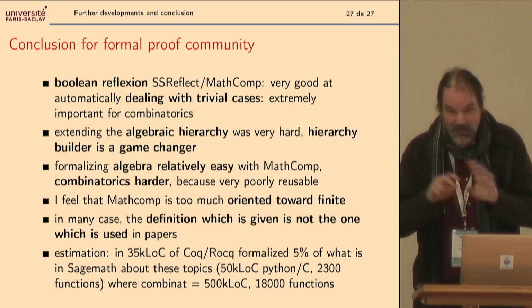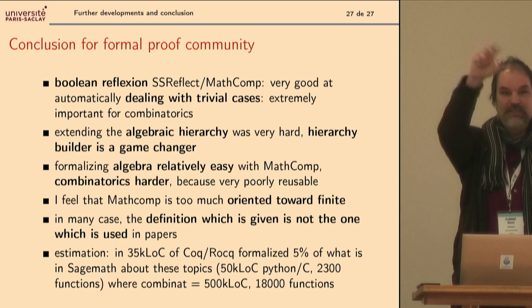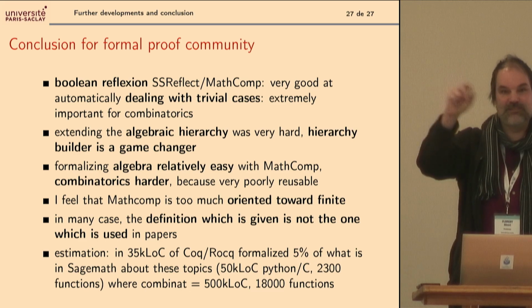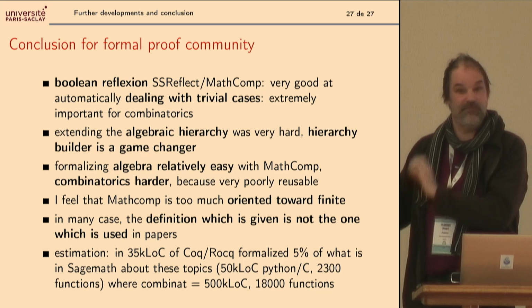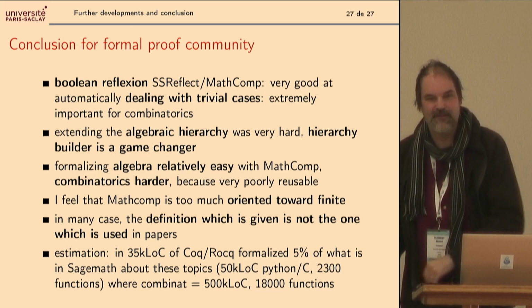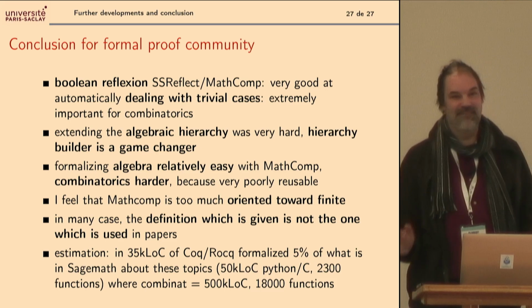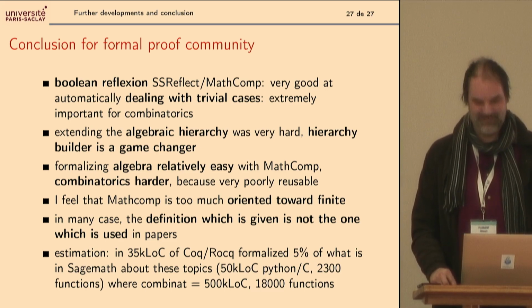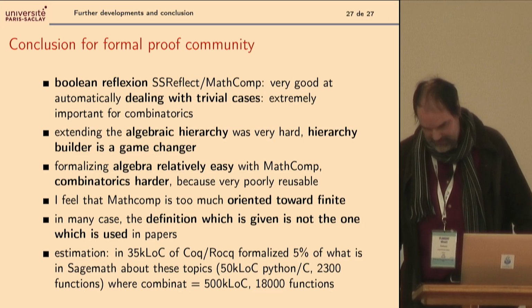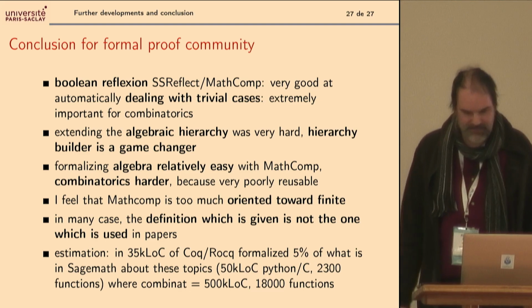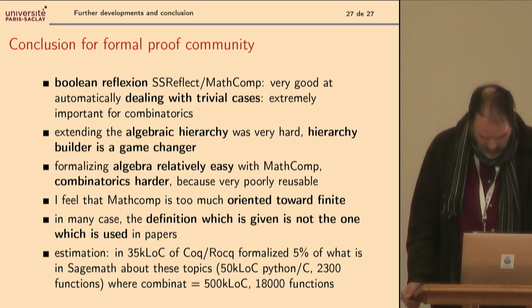I have lots of examples where you define something with some diagram of boxes with some properties, and then if you read the paper, that's not the definition which is used. And we do that every time. That doesn't help formalizing.